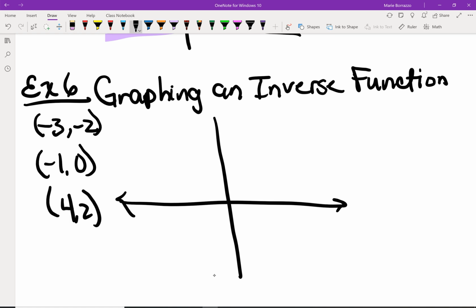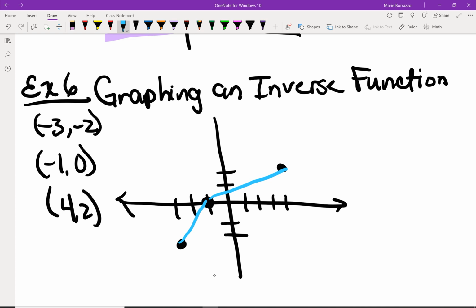So just take a moment. (-3, -2). (-1, 0). And (4, 2). In essence, they're basically drawing a direct line to each of these respectively.